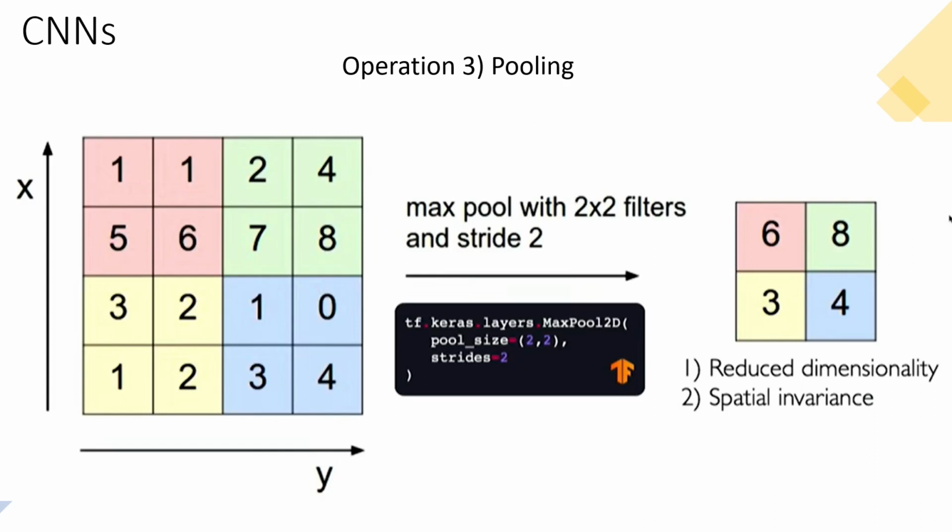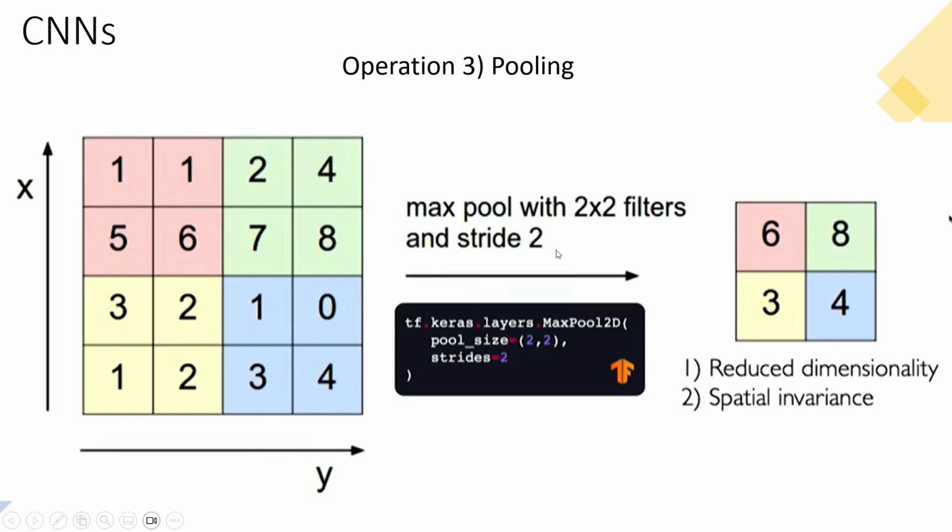In order to do that, you reduce the resolution of your features, and the operation we use for reducing the resolution of our features is pooling. The idea behind pooling is that inside a region, you select one value and you create another feature map from these values.